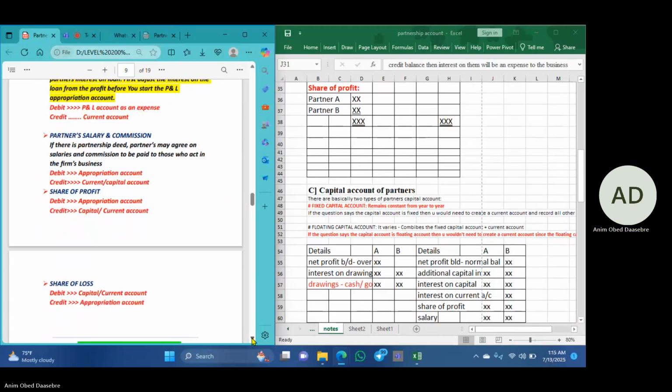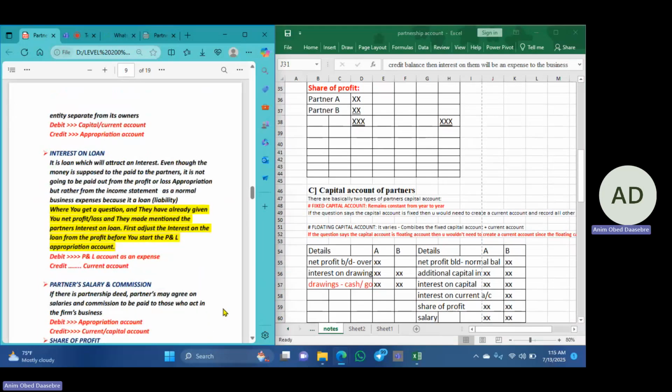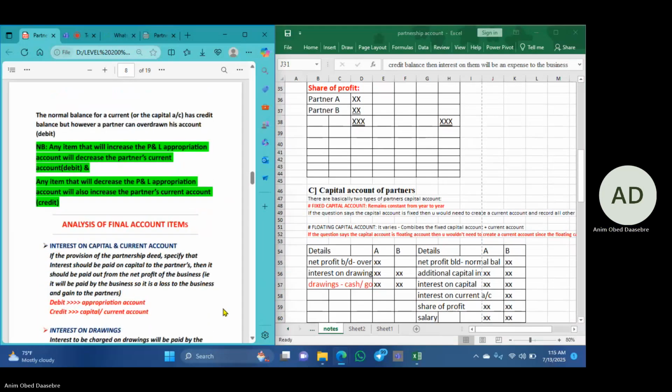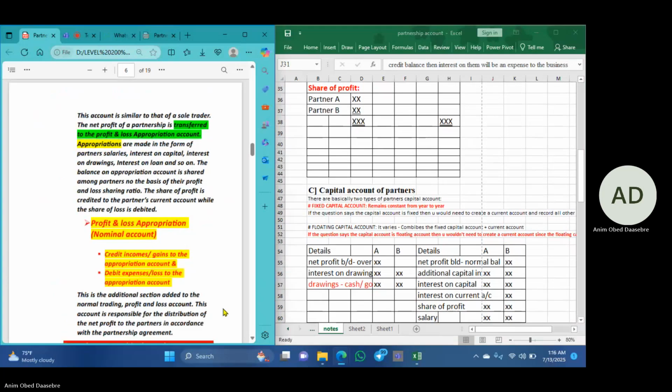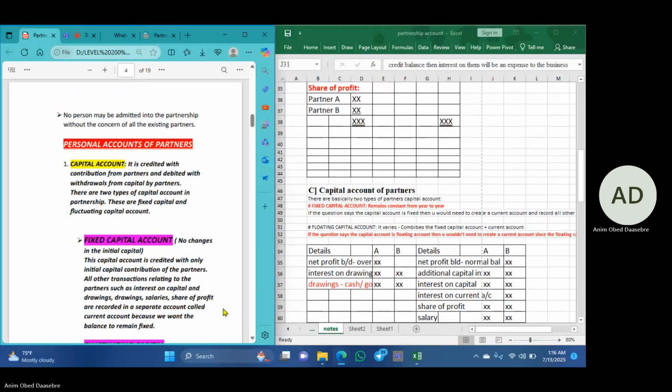Do you get it? Great. So you maintain the same balance given to you in the question. And now there are some issues around the capital accounts, and this is where the problem comes.